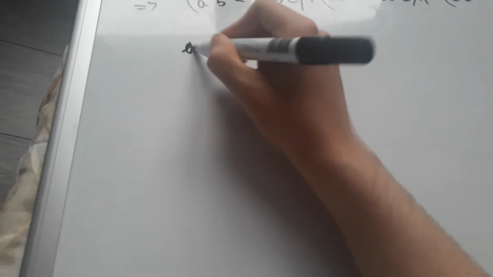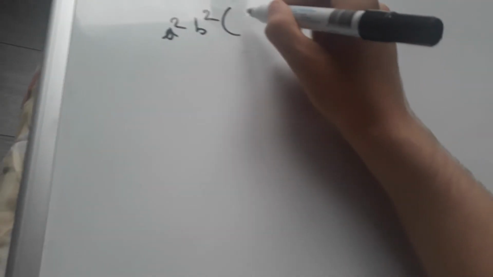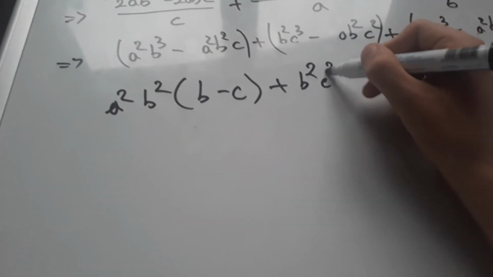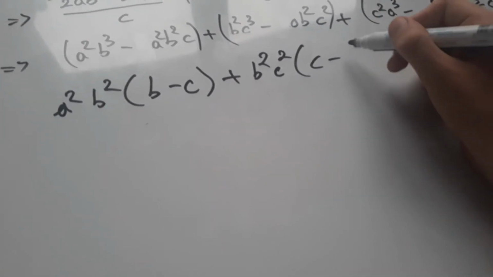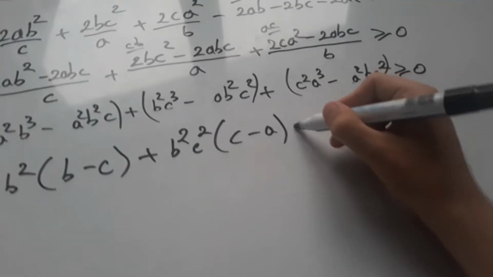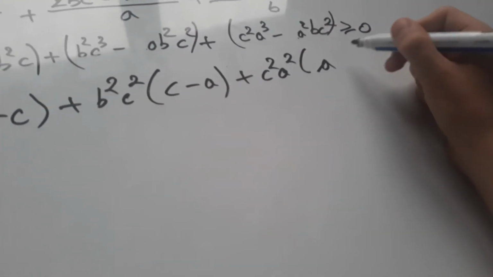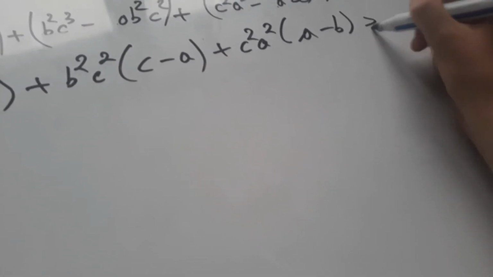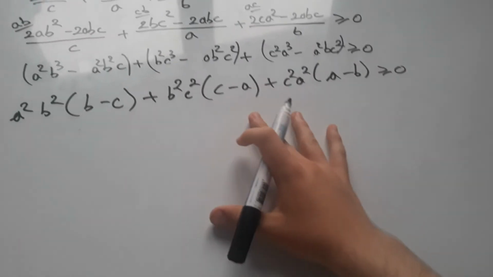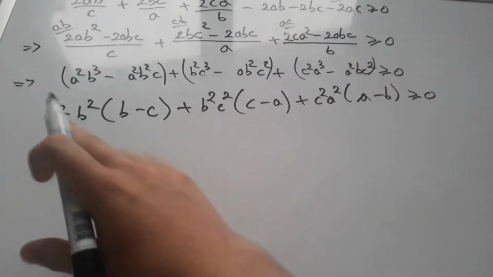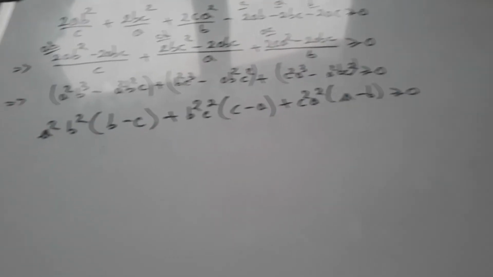From here we have a²b² times (b minus c) plus now b²c² times (c minus a), and then c²a² times (a minus b), which is greater than or equal to 0. Now I know that we have to show this. This is not already true. We have to prove that this is true. But so far so good.